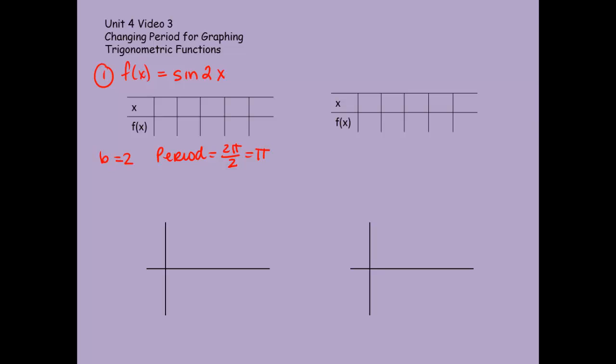So since I'm not shifting left or right, my graph will still begin at 0, except it will end at pi. And if I have to mark halfway between here, halfway would be pi over 2. Well, halfway between 0 and pi over 2 is pi over 4. And halfway between pi over 2 and pi is 3 pi over 4.